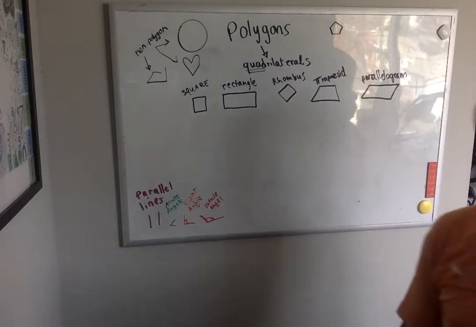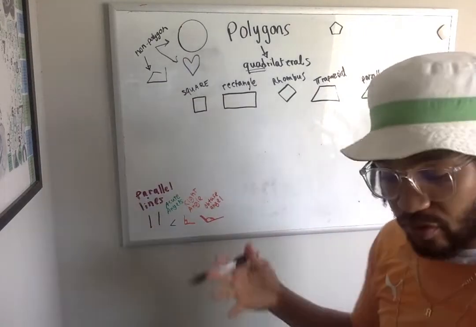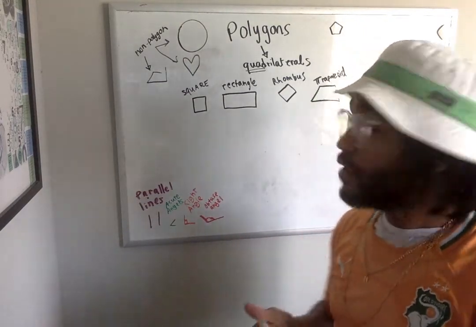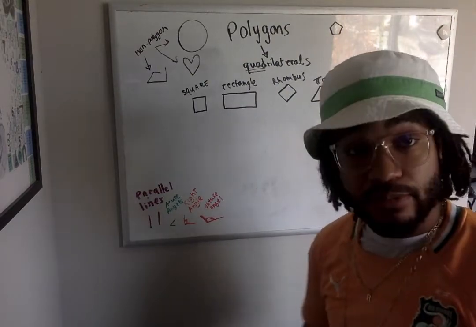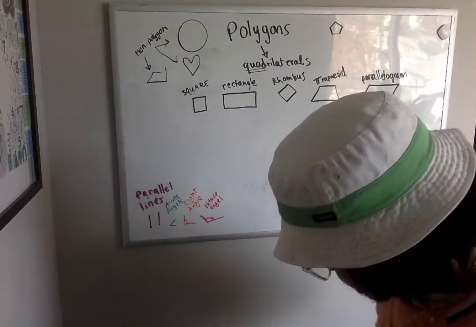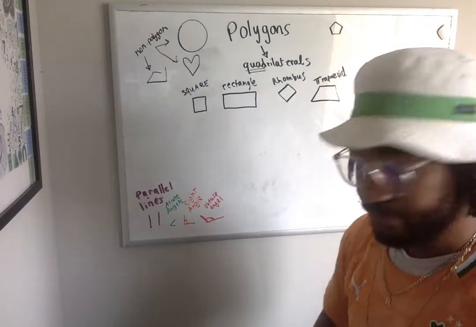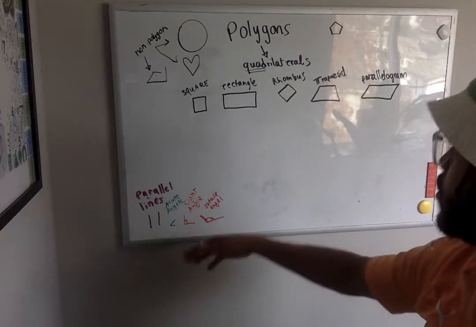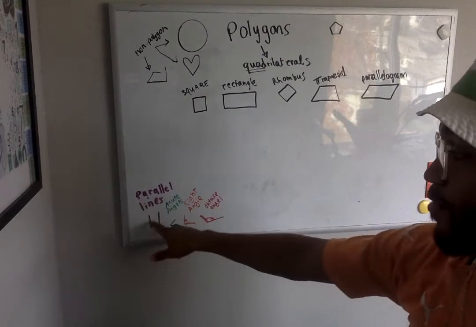Now I'm going to tell you some specific attributes, different ways that we can describe these quadrilaterals. What makes them similar, what makes them different, so students can see the connection. Down here, I have some attributes for polygons. They might have parallel lines.